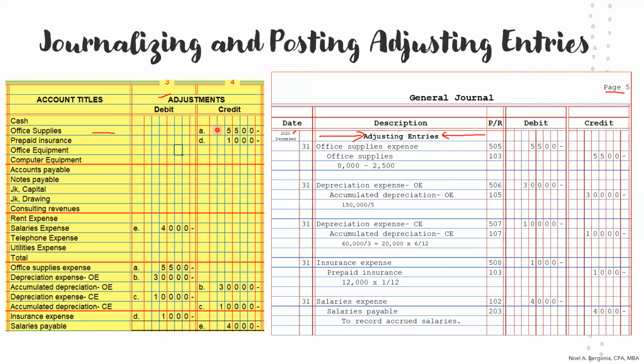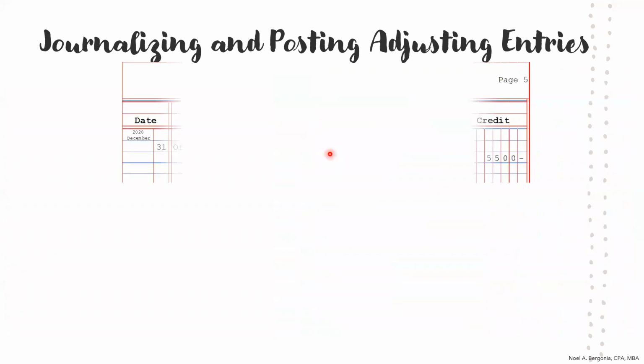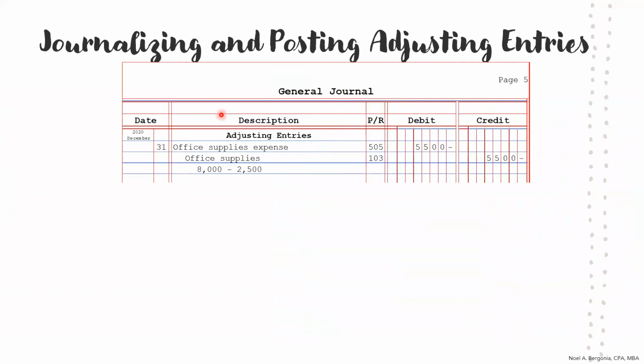So after you have journalized it, we need to apply the rules in journalizing: after journalizing a transaction, we should post it. I cannot show it in this slide; it's in the next slide. Say you journalized the first adjusting entry, about the office supplies.